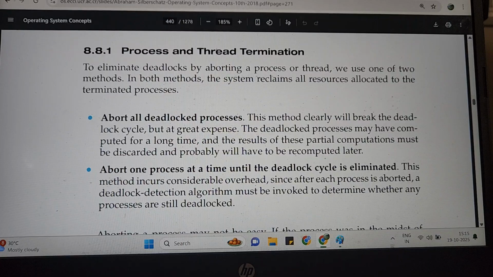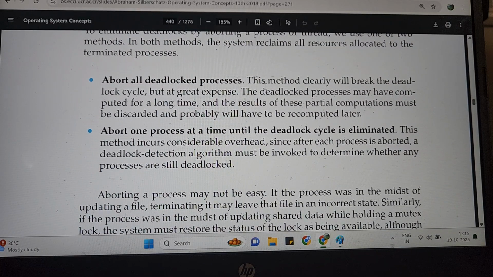Now this is less expensive as compared to the first idea, of course, because it is better to kill a few processes than kill all processes. But again, which process are you going to choose to terminate? I randomly chose P0 or P1, but you can't do that. In a computer there are things to be taken care of. So that is one question. Secondly, after deleting one process, you have to go back and check if there is still a deadlock.